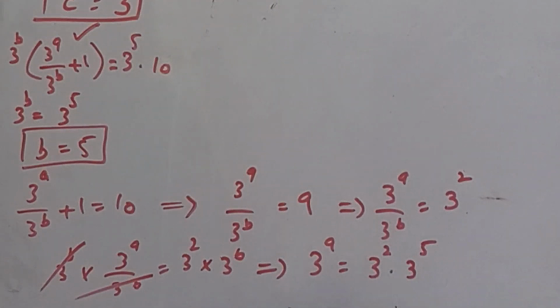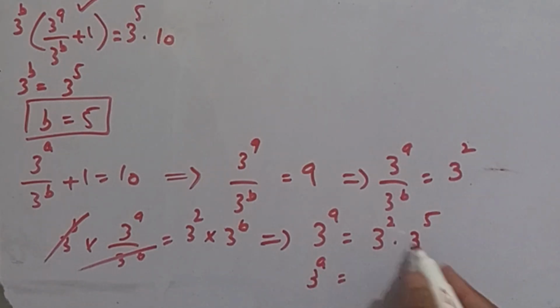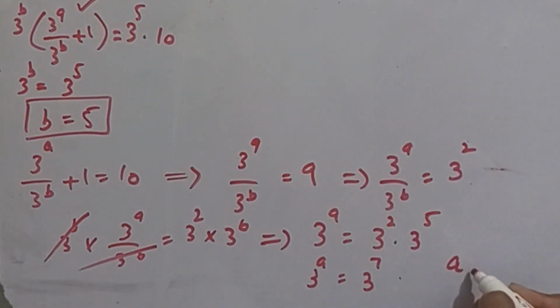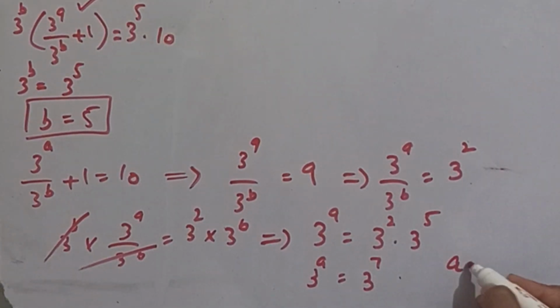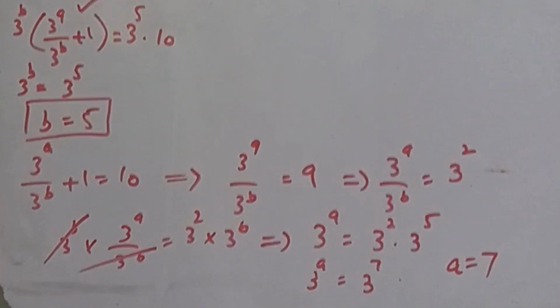And we write this as 3 raised to the power a is equal to, add the exponent, then we get 3 raised to the power 7. And look at this, the base is the same, which is 3, so we can compare the exponent. This implies a is equal to 7.